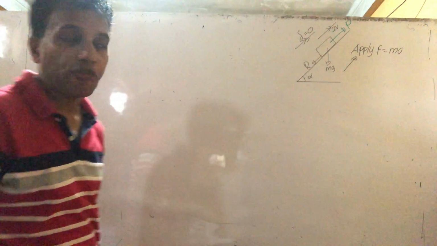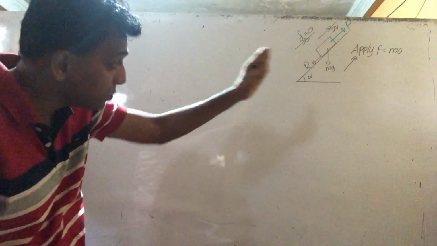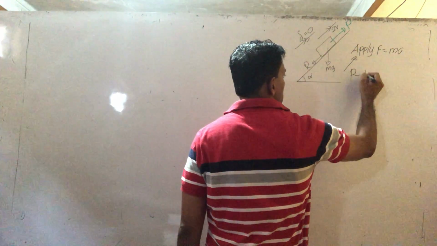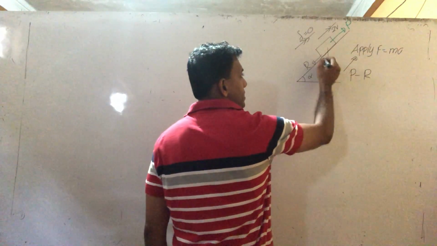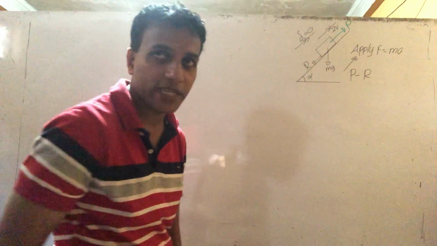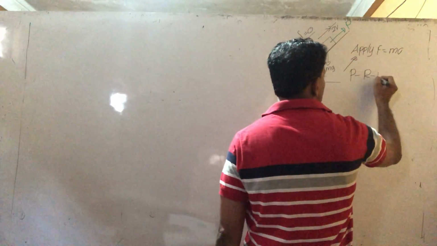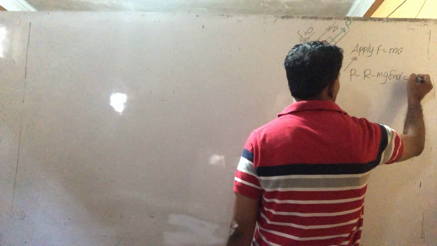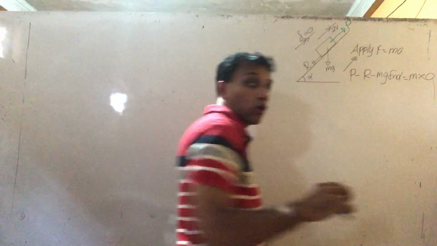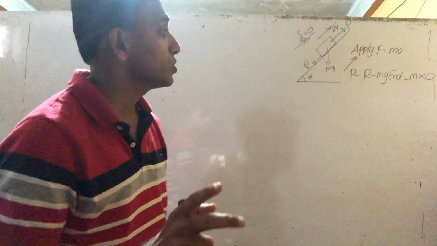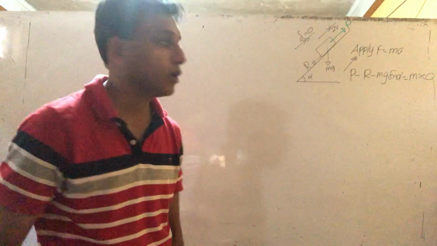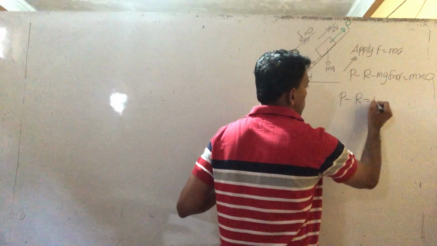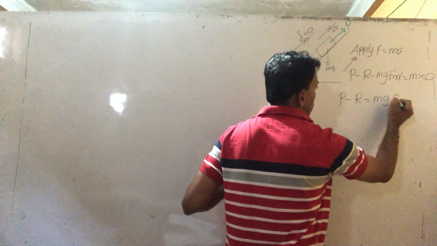The resultant force is P up, R, and the mg component also: P minus R minus mg sin alpha equals mass m times acceleration 0. Why 0? Maximum velocity means no acceleration. Therefore P minus R equals mg sin alpha.